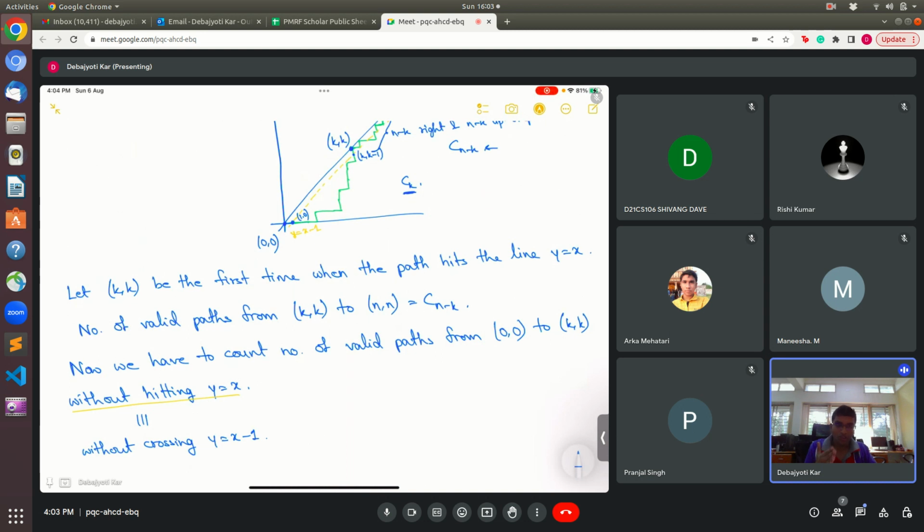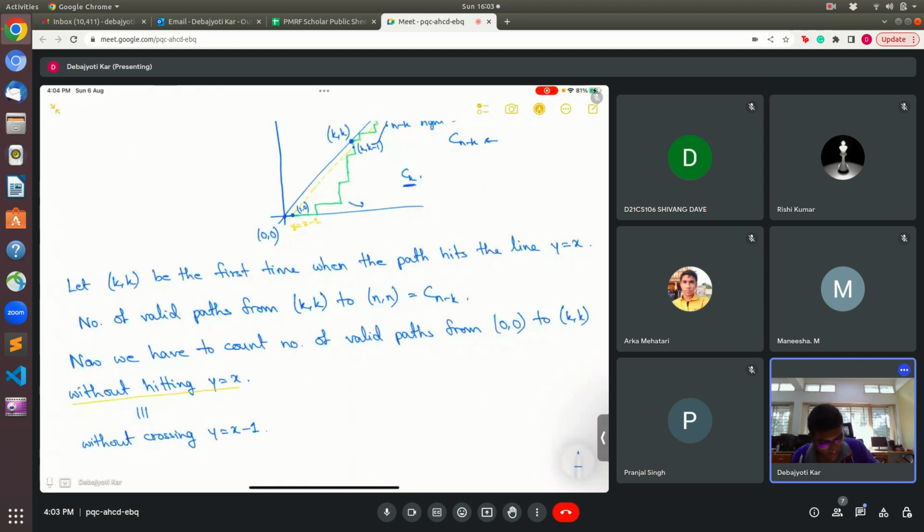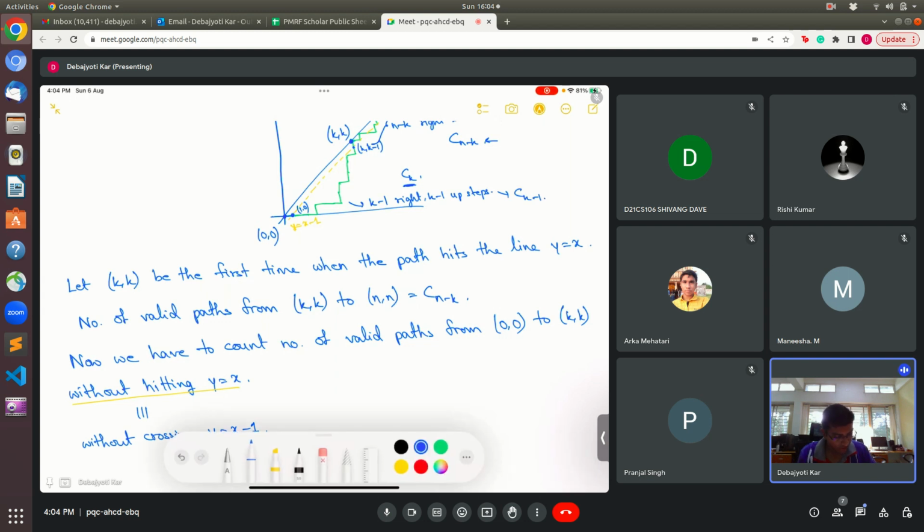This is exactly the setting of Catalan numbers, just shifted from y equal to x to y equal to x minus 1. Here you take k minus 1 right steps and k minus 1 up steps, so the number of ways is C_{k-1}, not C_k.